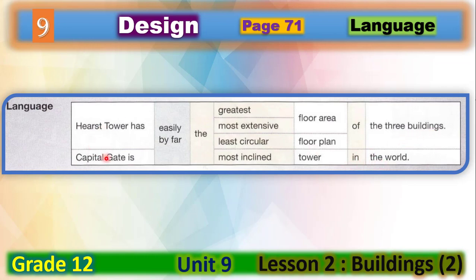Okay, we can make sentences here. We can say Capital Gate is by far the most extensive floor plan in the world. Or we can say this tower has easily the least circular floor area of the 3 buildings. Okay?